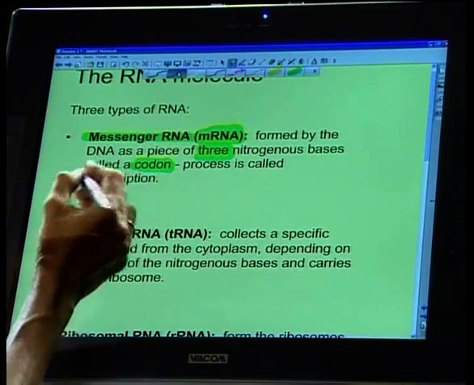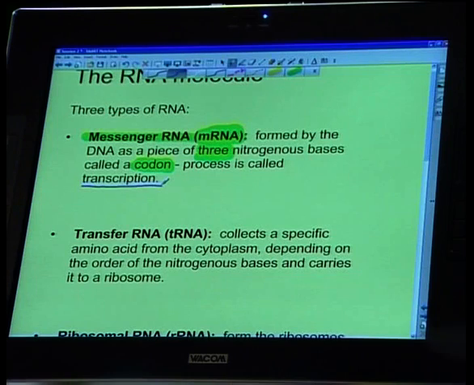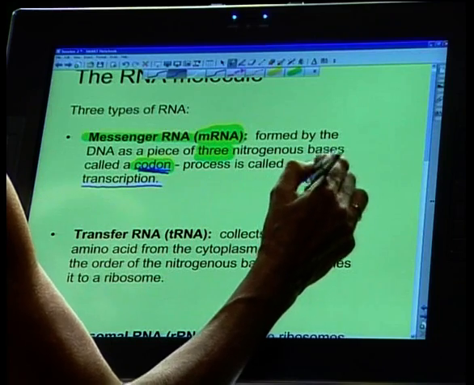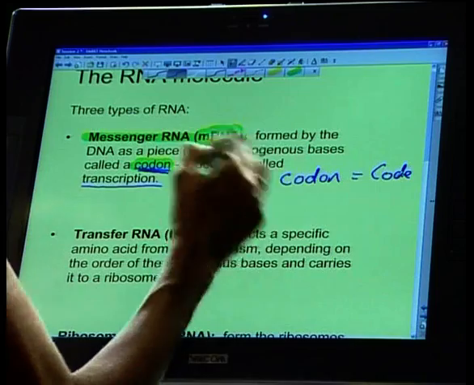Now, transcription. Trans means to change, script means to write. So we are writing the recipe, or the recipe of the DNA is here in this codon. So think of a codon as a code. That's where the word comes from.